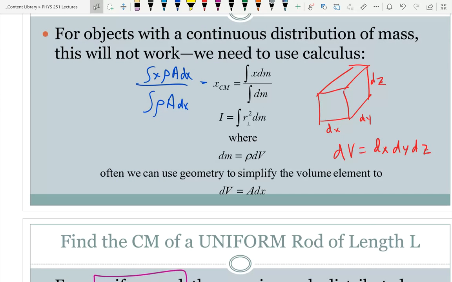The other option, finding the moment of inertia. For a rectangular object like this, finding the moment of inertia actually is non-trivial because it's always going to be coupled.